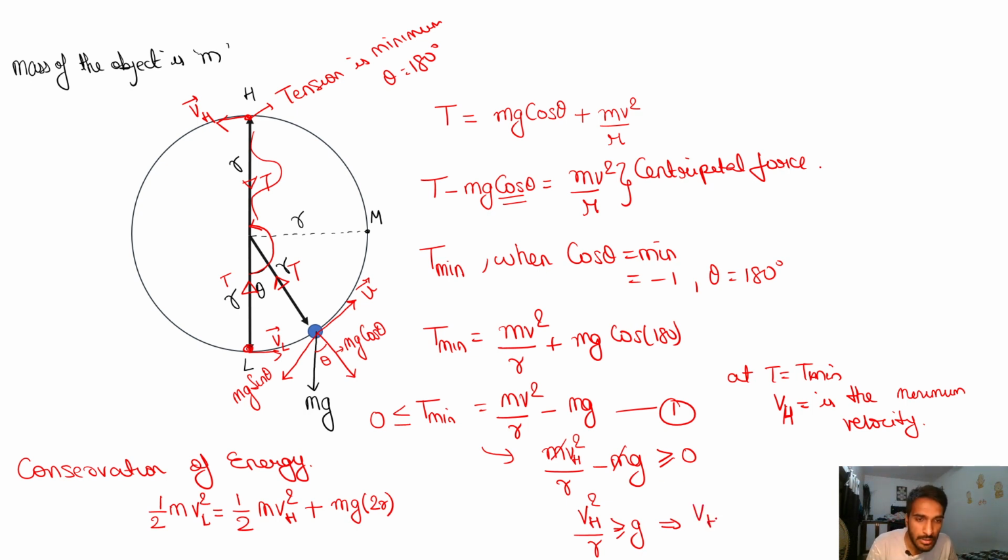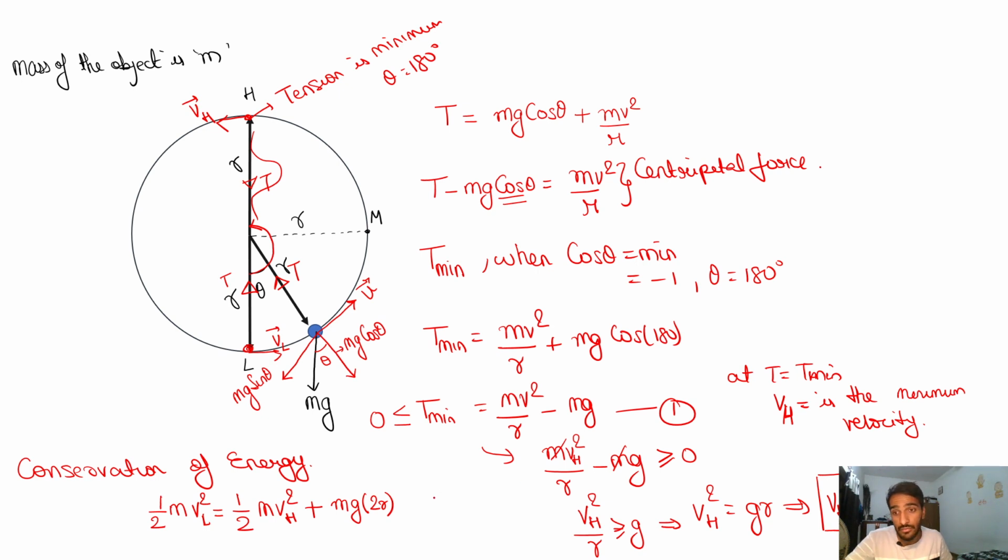So VH square is equal to g into r, which implies VH is equal to root gr. This is an important equation that we should take care of, right? VH is the velocity at point H. This is the minimum velocity with which, if the particle rotates, the string will not have any slack at this point, right? So with the help of equation 1 we have found the value of VH.